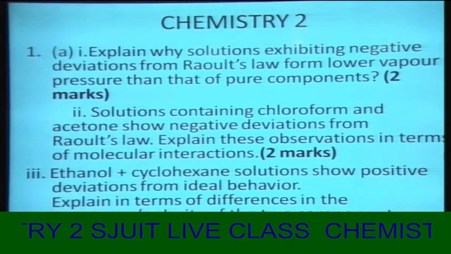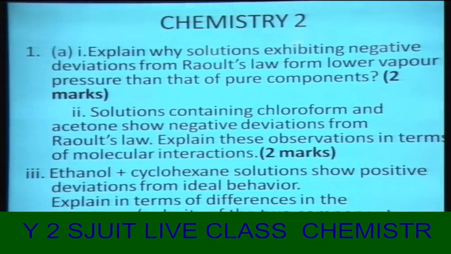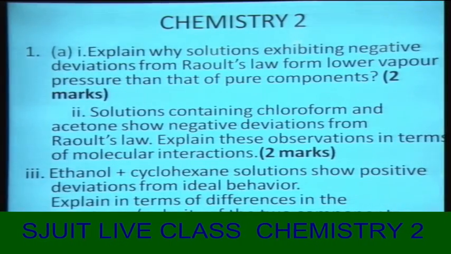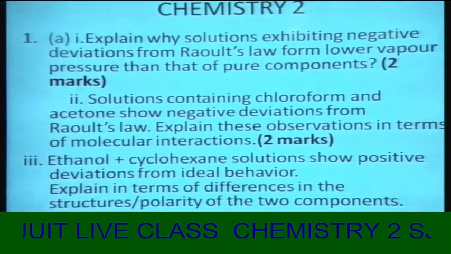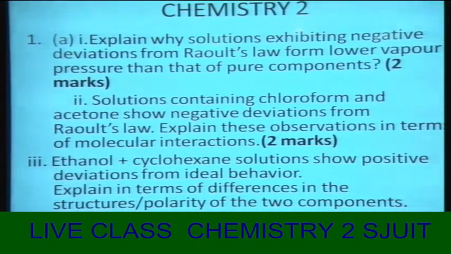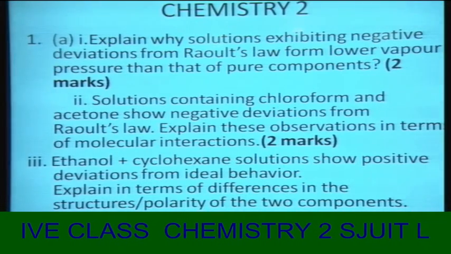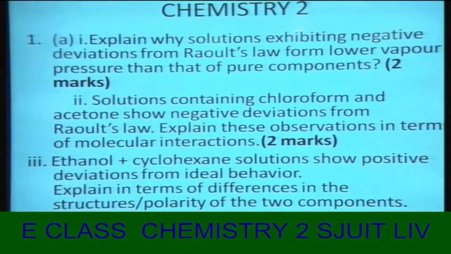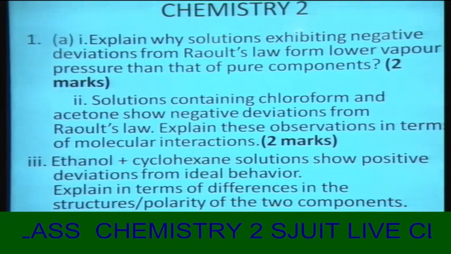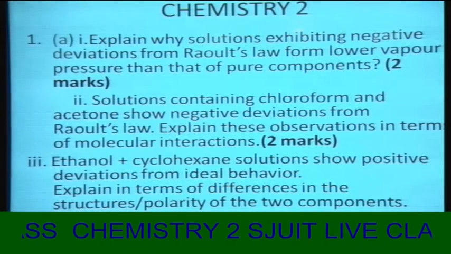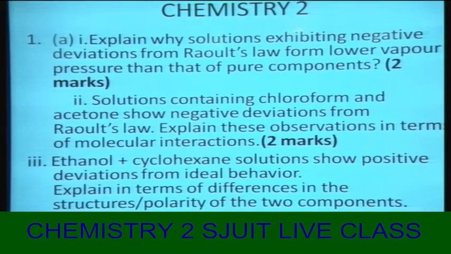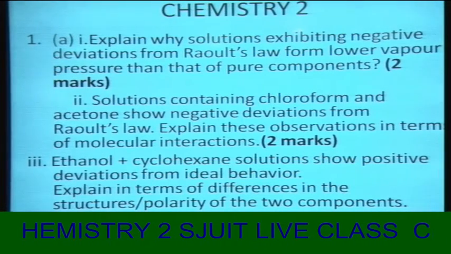Question 1 contains 4 parts. This is different from Chemistry 1, where the number of asked items was 3 parts, part A, B, C. But in the Chemistry 2 exam, the items asked are from part A, B, C, and D. Question 1, part A, and it is the first item.